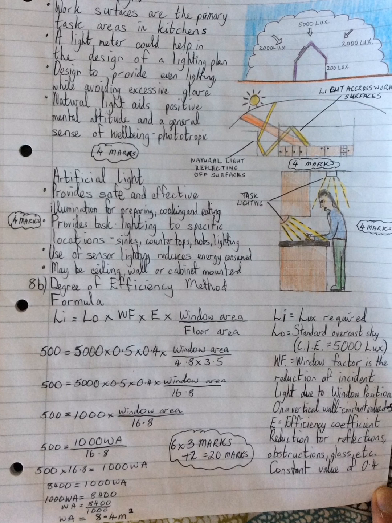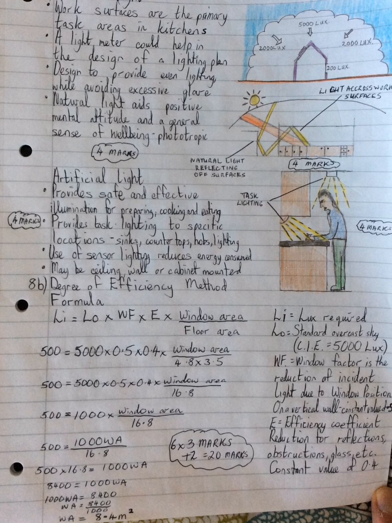So then our next line, 500 equals 5000 by 0.5 by 0.4 by window area over 16.8, when we multiply 4.8 and 3.5. Our next line, 500 equals 1000 by window area over 16.8. Underneath that, 500 equals 1000 WA over 16.8.